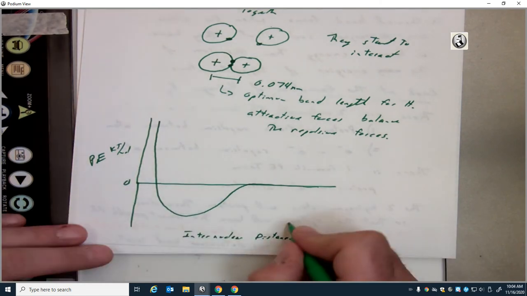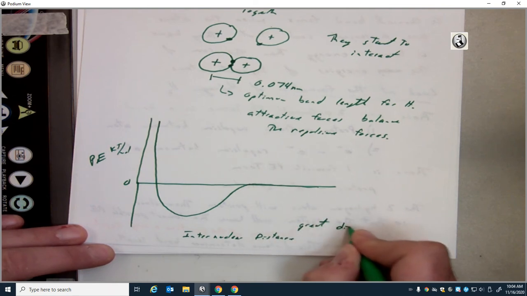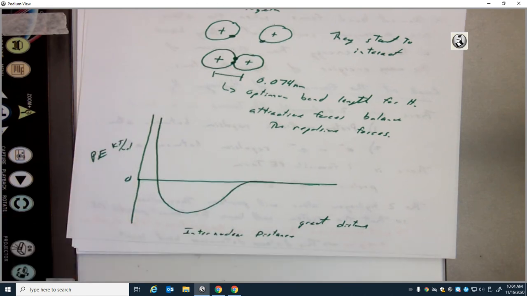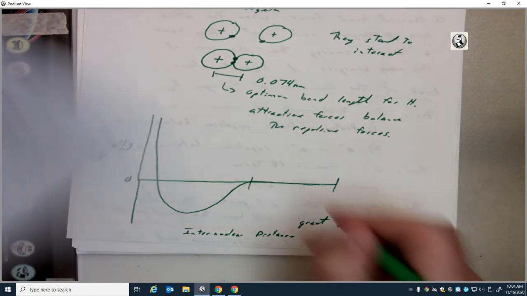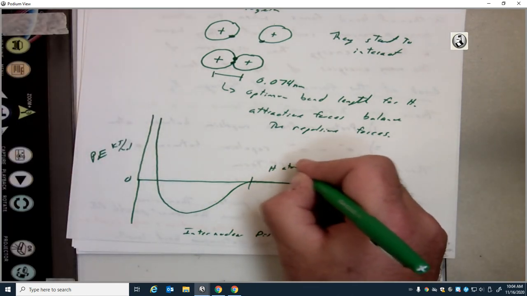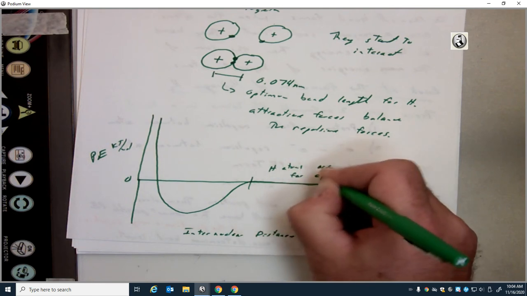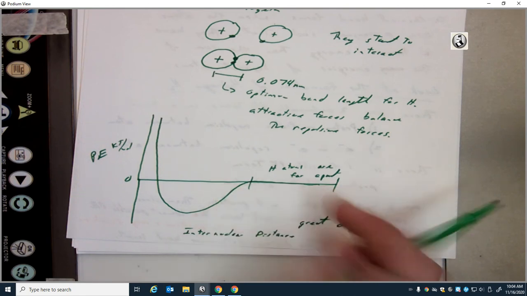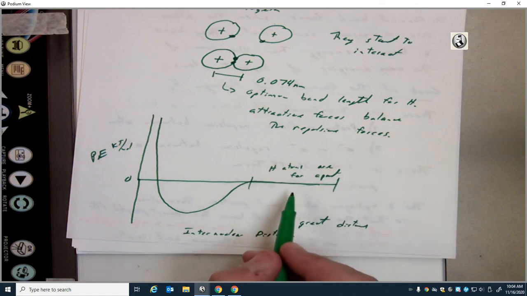Out here, these are at great distances, and here we're having smaller distances. In this area, the hydrogen atoms are far apart, so there is no interaction between them. As we go this way, the distance between the hydrogen atoms is getting smaller.